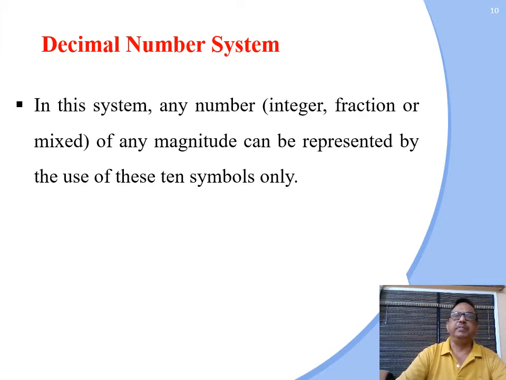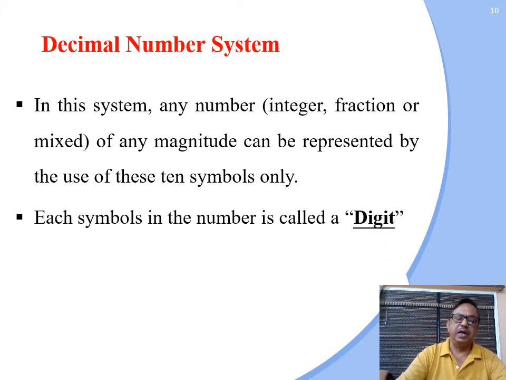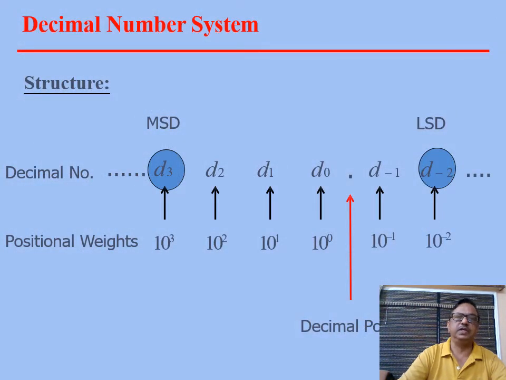In this system, any number, it may be integer, it may be fractional, it may be mixed, of any magnitude, can be represented using these symbols, and these symbols are also called digits. Now, this is the structure of decimal number system.